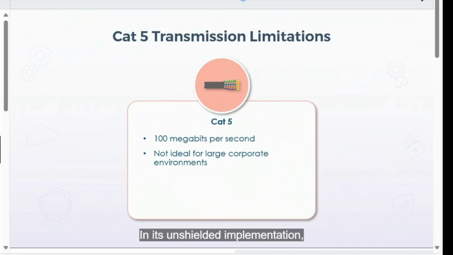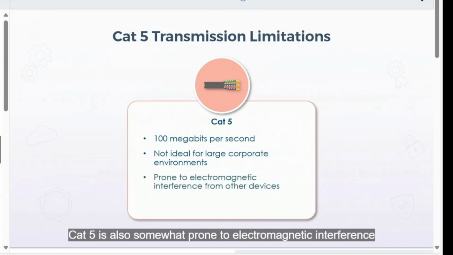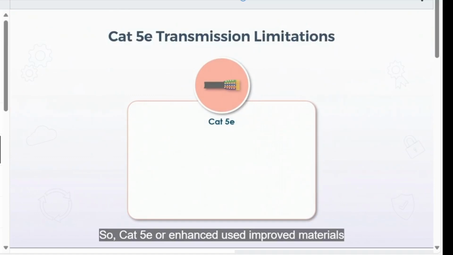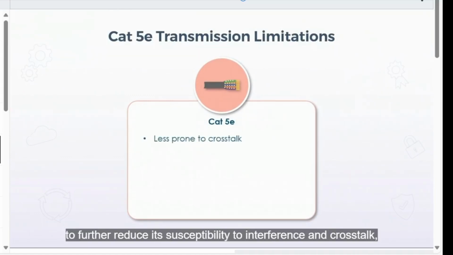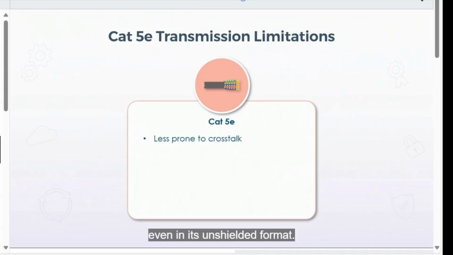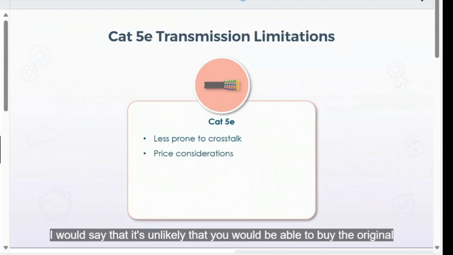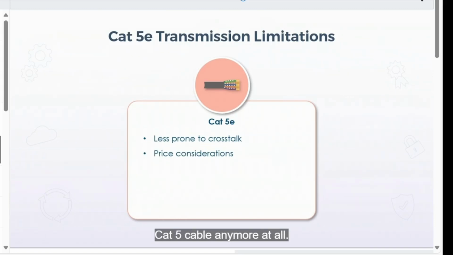In its unshielded implementation, Cat 5 is also somewhat prone to electromagnetic interference and crosstalk within the cable itself. So Cat 5e, or enhanced, used improved materials to further reduce its susceptibility to interference and crosstalk, even in its unshielded format, but it is moderately more expensive than its predecessor, and that itself would be a very relative statement because I would say that it's unlikely that you would be able to buy the original Cat 5 cable anymore at all.